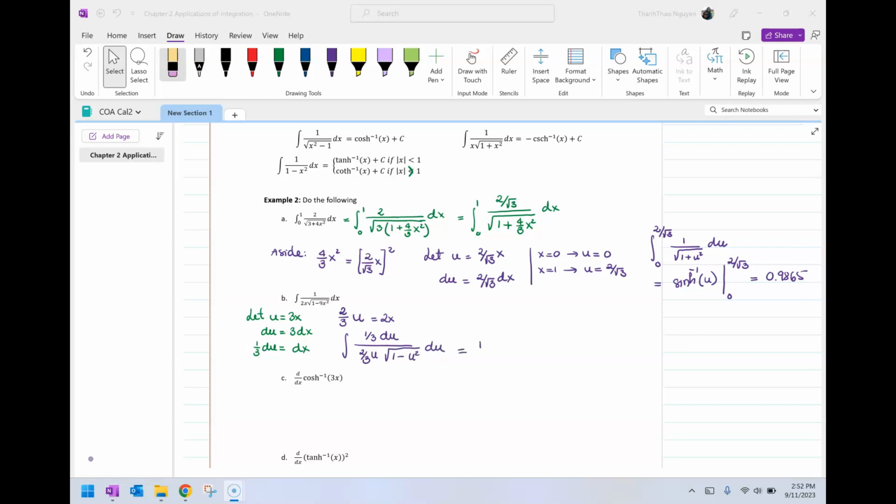This simplifies to 1/2 du divided by u square root of 1 minus u squared. And so we have 1/2 hyperbolic secant inverse of u, and u was 3x, plus a constant.